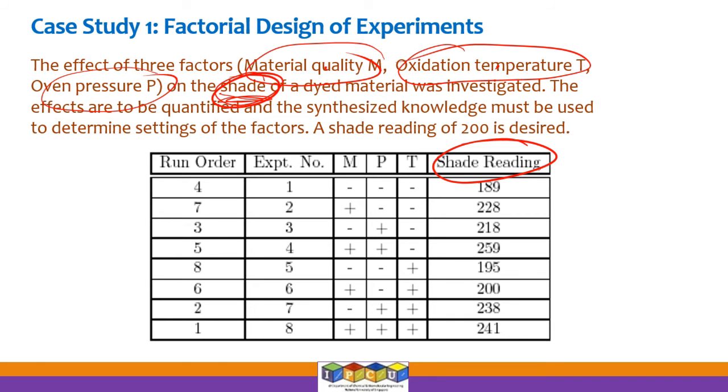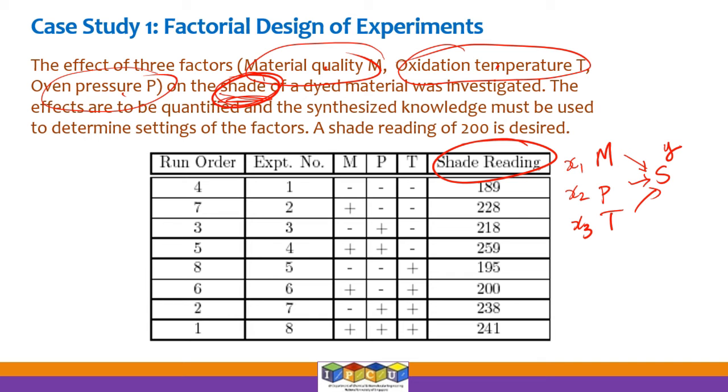So x1, x2, and x3, you can also call them M, T, and P, or M, P, and T, whatever that is. Those are the 3 factors affecting the shade reading Y. So it is like this: M, P, and T affecting the shade reading S. So this is the idea. These are the causal factors, if you like, for output. So you can generically call them x1, x2, and x3, and S as Y. All right, so this is what it is.